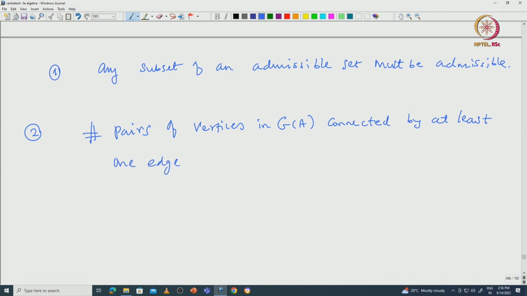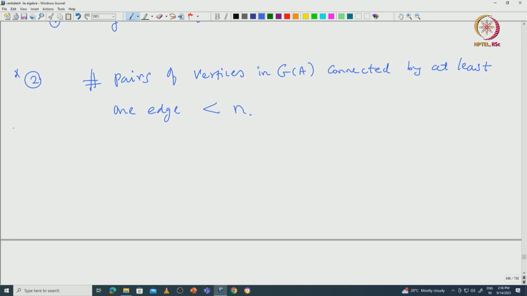This number is going to be strictly less than n. Okay. So, this is a very important property. Basically it says that if you consider the graph of this admissible set, it cannot contain a cycle. That is immediate from this observation. So, then it must actually be a tree.